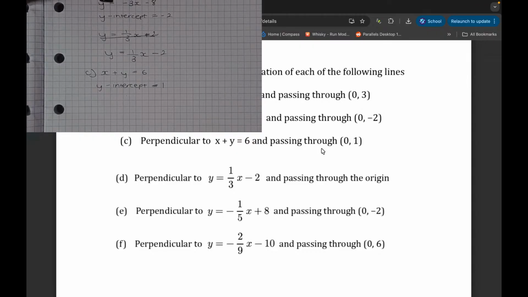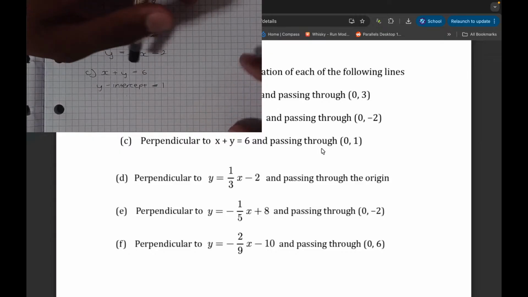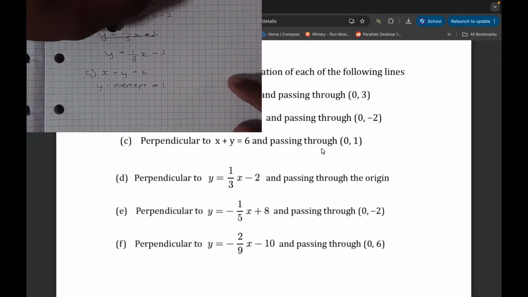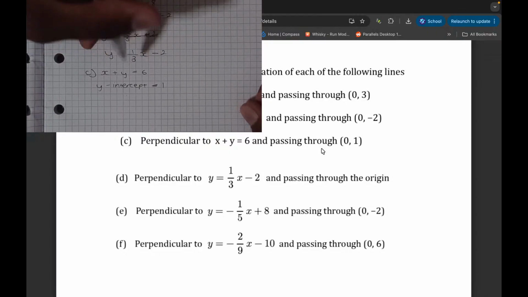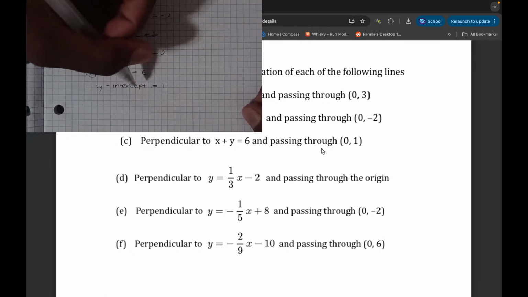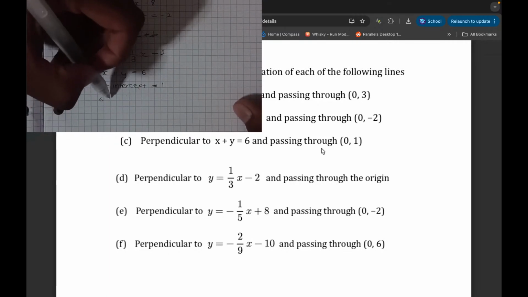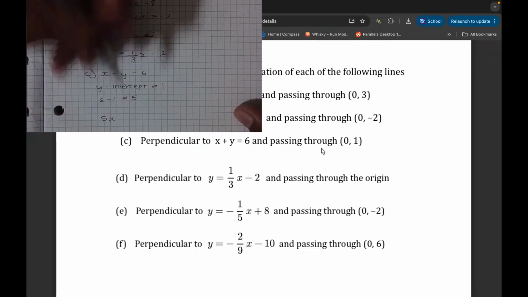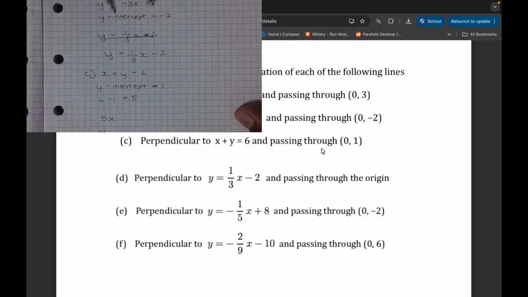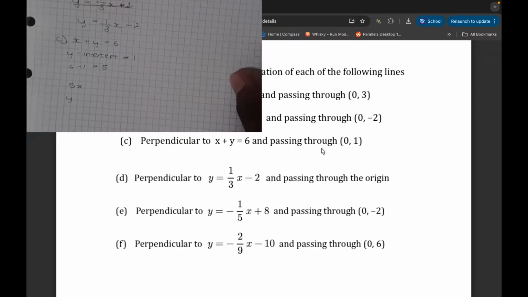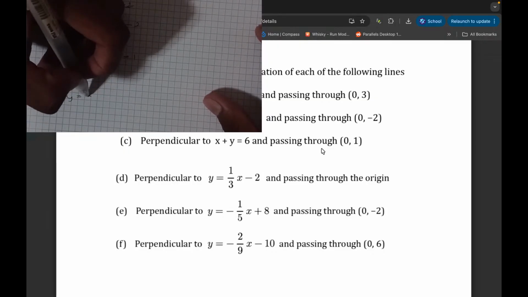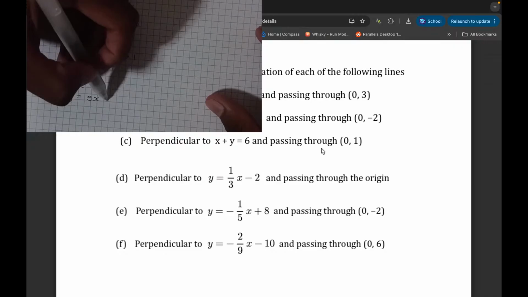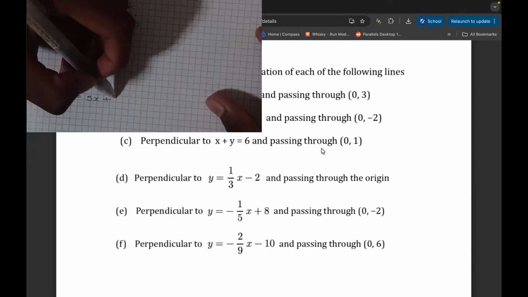So now we have the 1 and the 6, and now we just need to find the gradient. Don't we just minus this from this? So we do 6 minus 1 equals 5. So would the gradient be 5x? And then we could substitute it as y equals 5x plus 1.